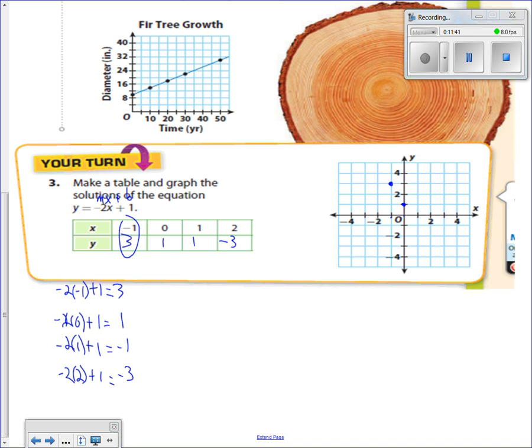Start at positive 1, go down to -1. Last, 2, -3. Start at 2, go down to -3. Try to draw a straight line. And now we've made a table and a graph for our equation. That's all we're learning how to do, is make a table and a graph for the equation.